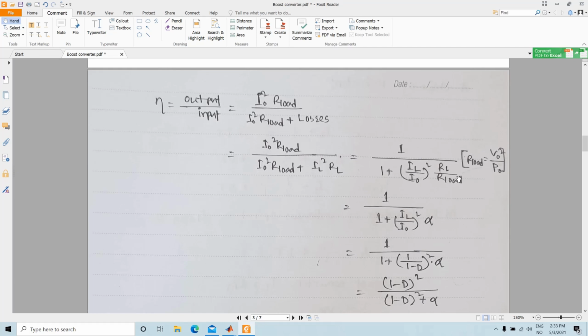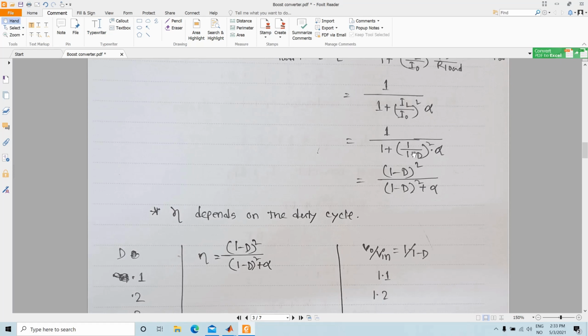This RL divided by R load we define as alpha. Then IL is basically the input current, so IL squared divided by I naught squared is 1 divided by (1 minus D) whole squared. And if we do the manipulation, it looks like this equation.